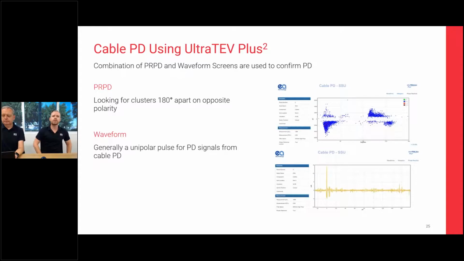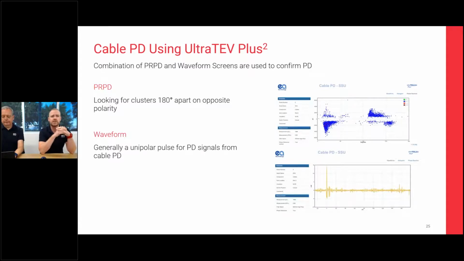So the UltraTurf Plus 2, that's the handheld piece of kit that we have, as opposed to the cable data collector. That can also take snapshots with an RFCT. If you have an UltraTurf Plus 2, you'll see there's an RFCT in there. You can hook that onto the earth screens of cables, and you'll capture PD signals bouncing up and down the cables, and you'll see what you can see there on the right hand side.